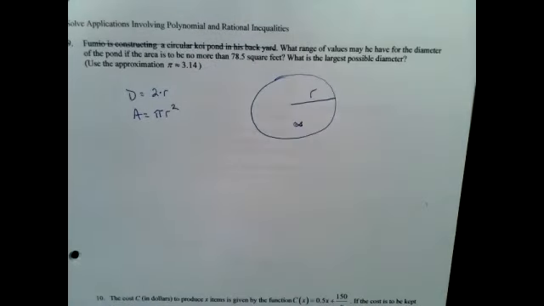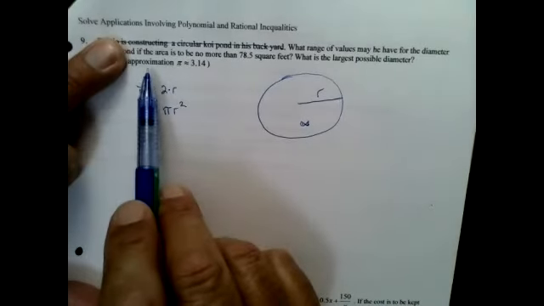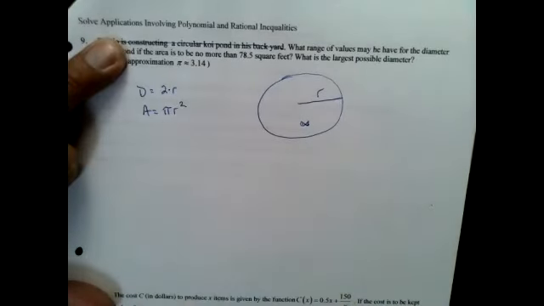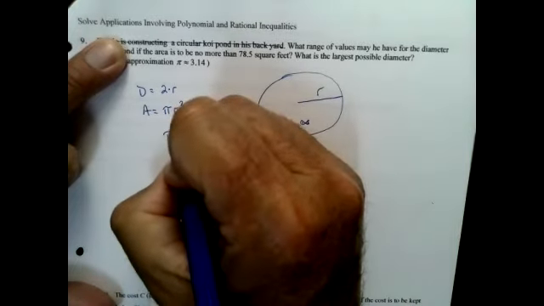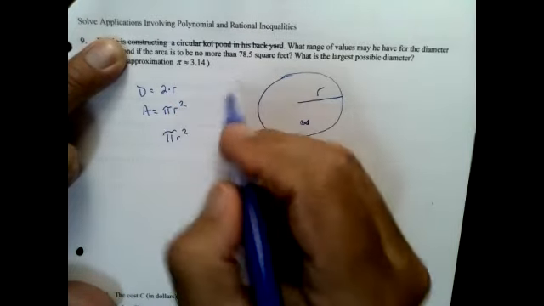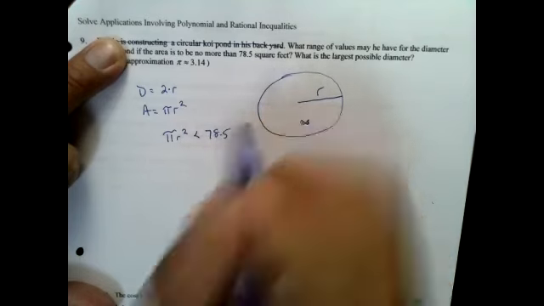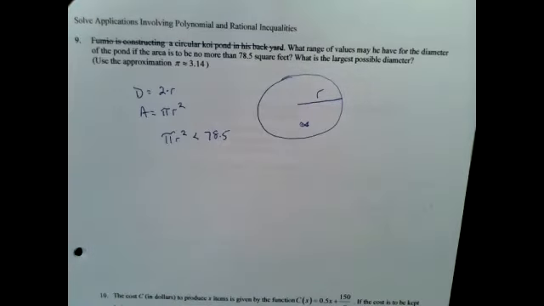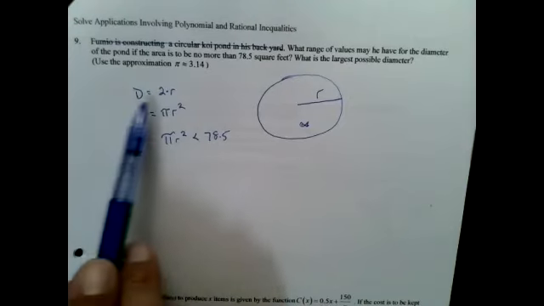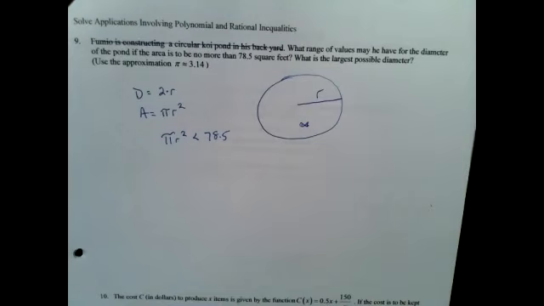Let's work with this. The area, pi r squared, is to be less than 78.5 square feet. So I'm going to find an r, and then use that r and plug it back in to find my d.